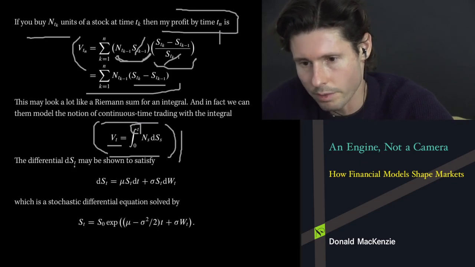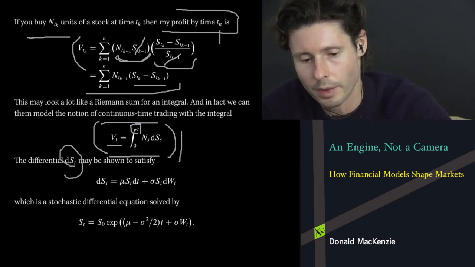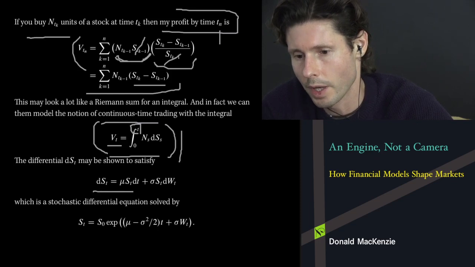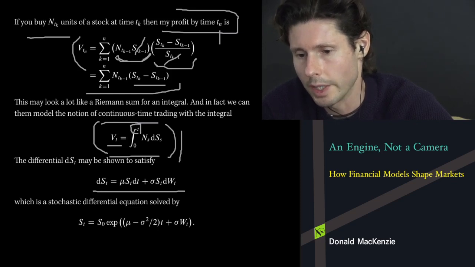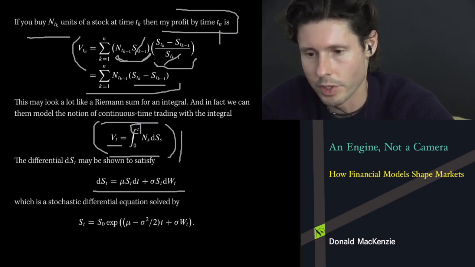And then there's a lot of theory that goes into defining this differential. How do we interpret it? When is it okay to use it? And so on and so forth. For the geometric Brownian motion, this is what the differential looks like. And it's the calculation that would show this is roughly comparable to what we did for the return.